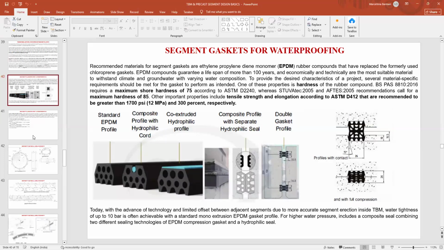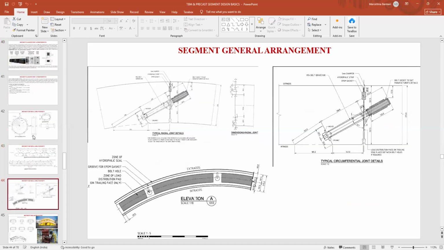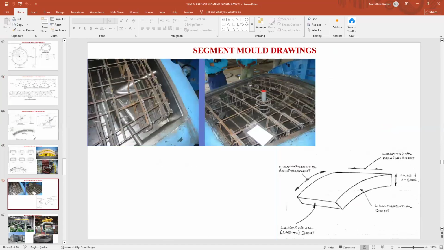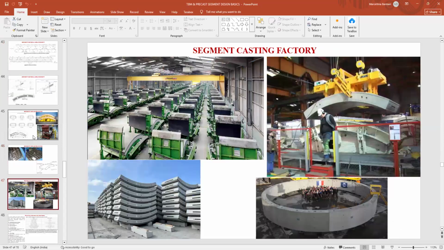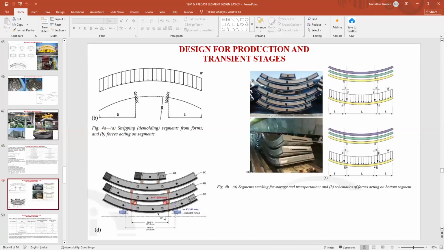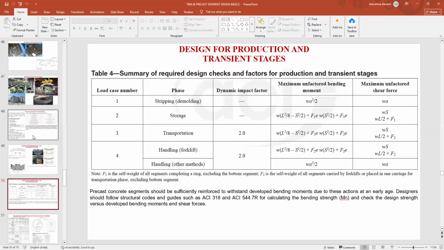It's generally preferable, because if you make the length of the segment more, one of the problems is the handling also. Basically, in the segment design, apart from the structural, there is also the production and the transition stages. In these stages, one most important thing is the handling, storage, and the transportation.